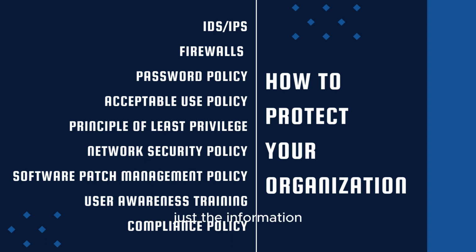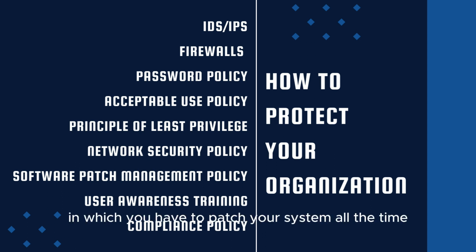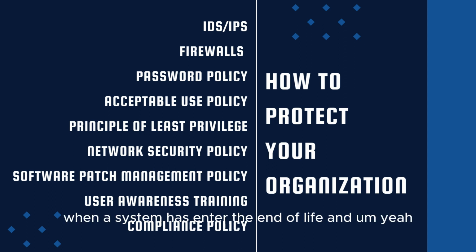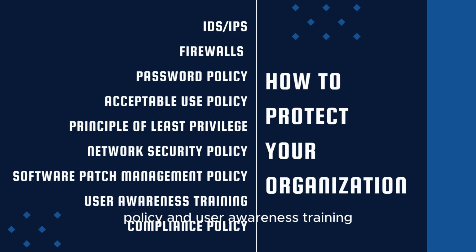Just the information that employee needs to get his work done and nothing more. Network security policies, and software patch management, in which you have to patch your system all the time. You need to know when a new update is out for a system, when a system has entered end of life, and yeah. So that's all about software patch and management policy.